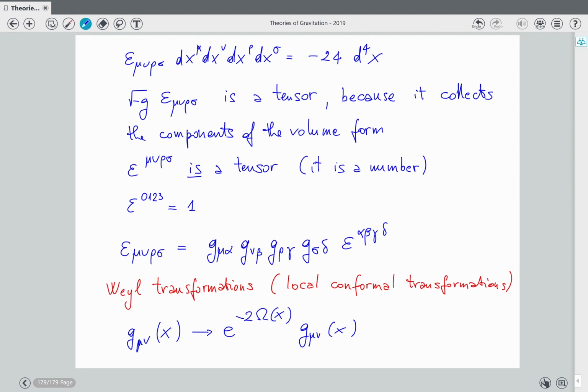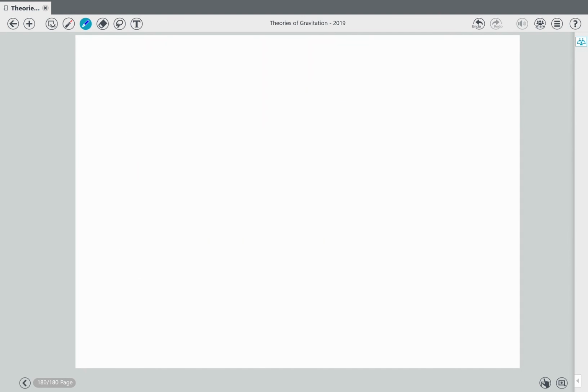And it so happens that the Weyl tensor is invariant if you write it this way, with 1 index up and 3 indices down.